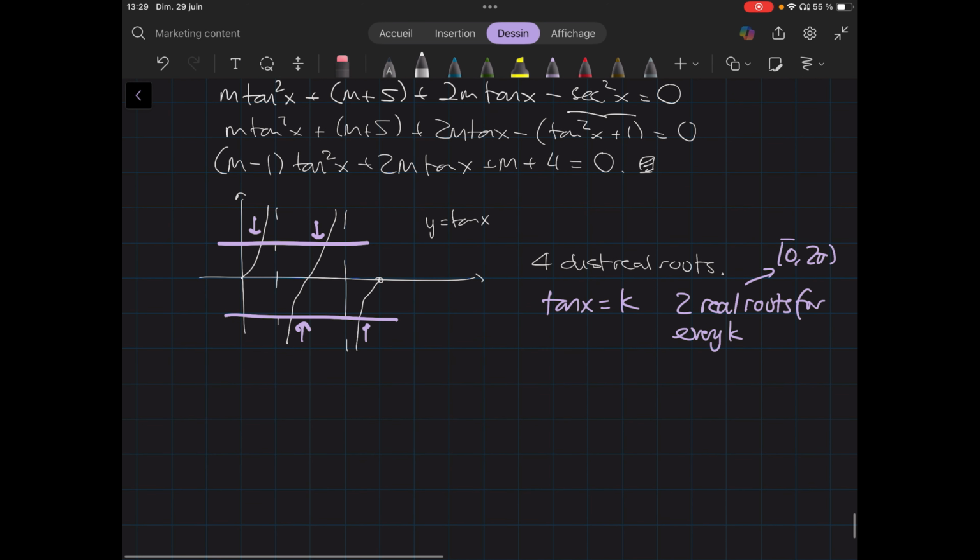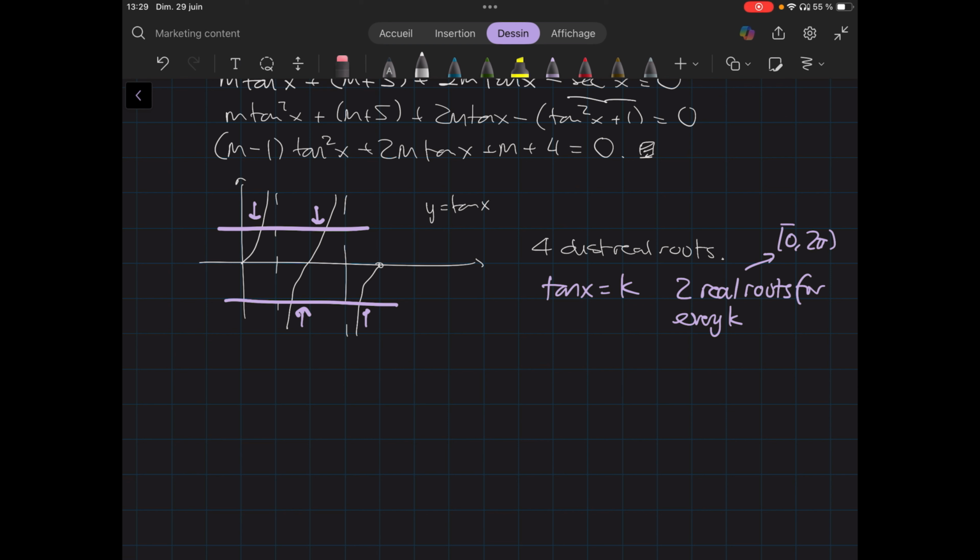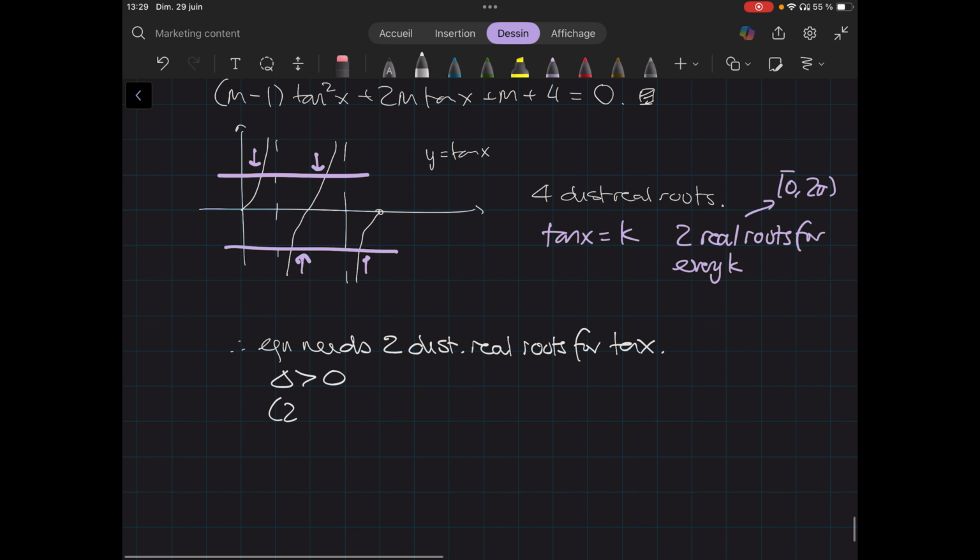So, all this question is asking us to do is to find the conditions of m so that the value of tan of x is real. The equation needs two distinct real roots for tan of x. This means delta has to be strictly positive. That means 2m squared minus 4 times m minus 1 times m plus 4 has to be positive.